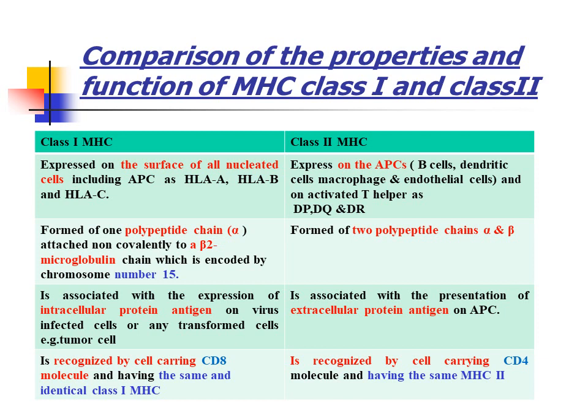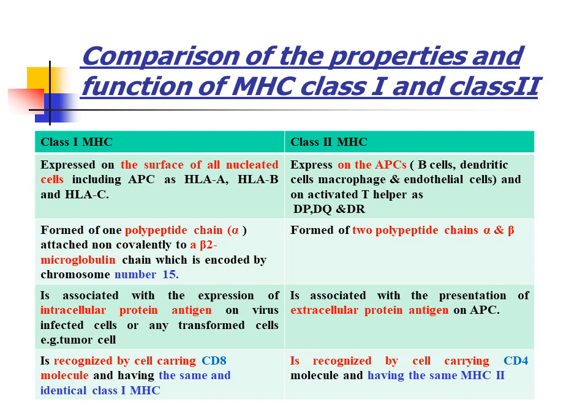Beta 2 microglobulin is encoded on chromosome number 15 in MHC class 1. MHC class 1 is associated with the presentation of intracellular protein antigen, such as viruses, intracellular infection or tumor cells.